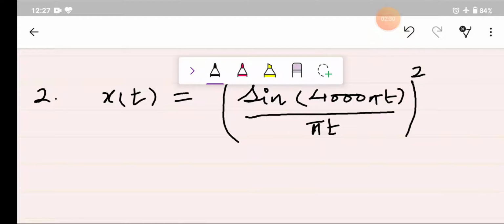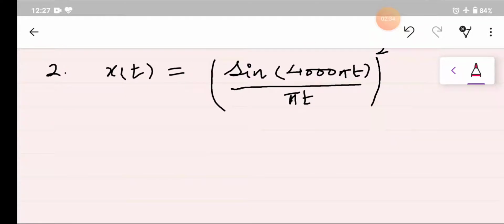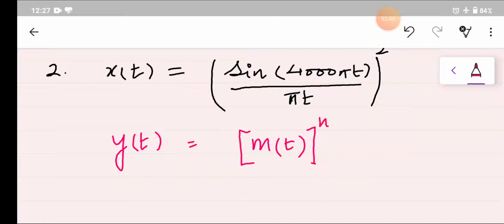Okay, so we will see what happens when we have a problem where yt is given to us as mt to the power n, where mt has frequency omega m and yt has the maximum frequency as omega m dash.